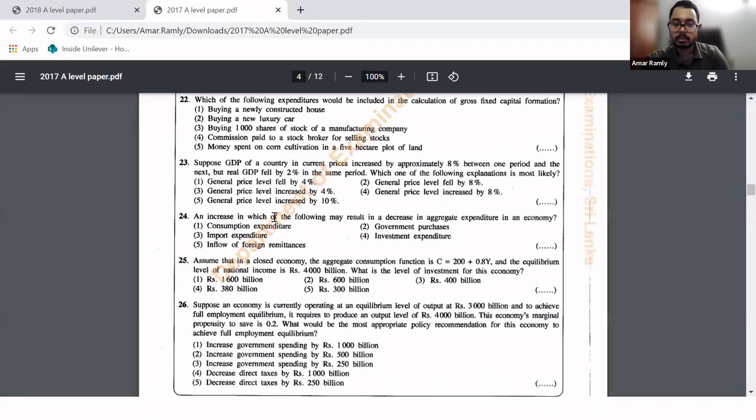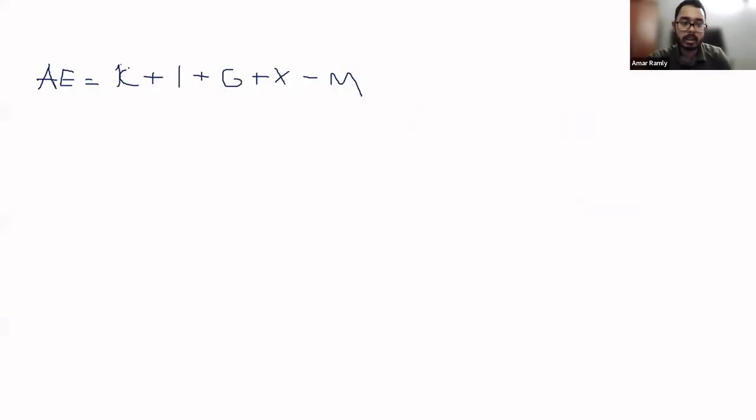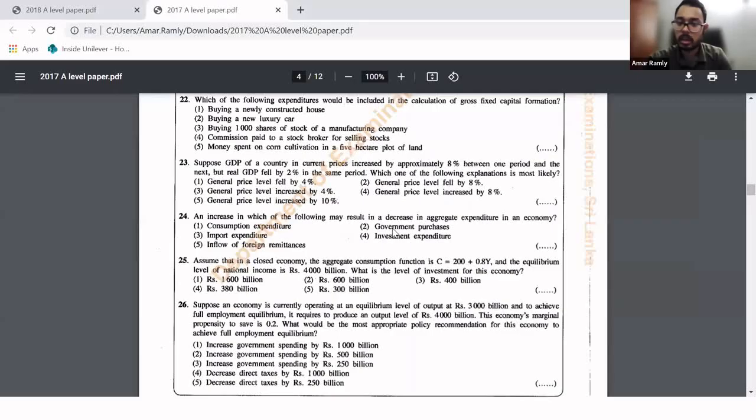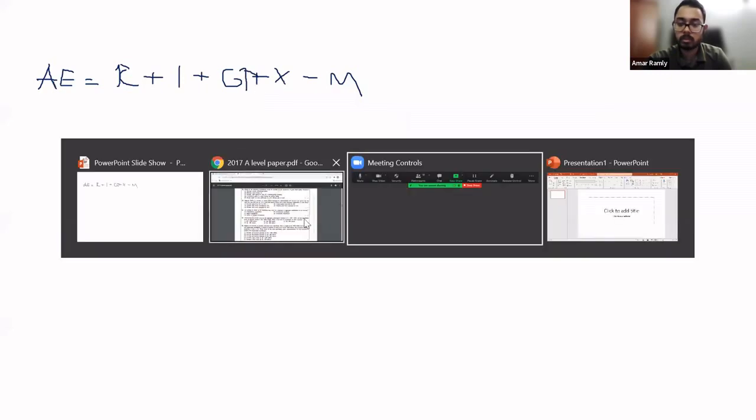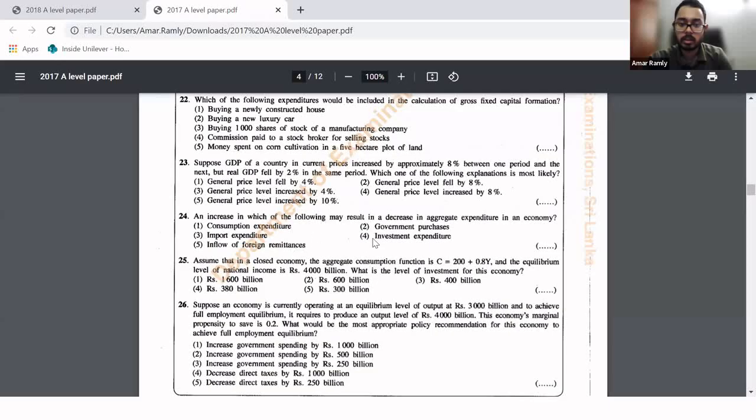If consumption expenditure goes up, aggregate expenditure goes up, so that can't be the answer. Government purchases, same thing. Investment expenditure, same thing. What about import expenditure?